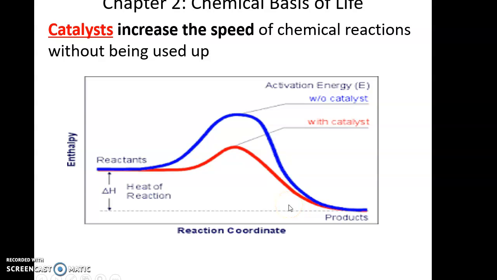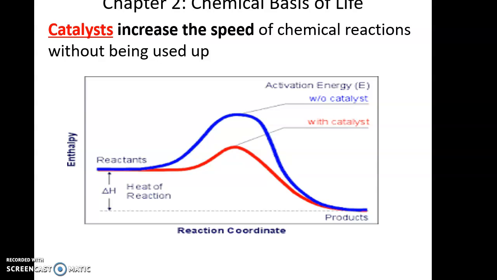All right, now chemical reactions occur at a certain speed, a certain rate, and this depends on a lot of things, including temperature and concentration and so on. But in our bodies, we need those chemical reactions to occur really quickly.